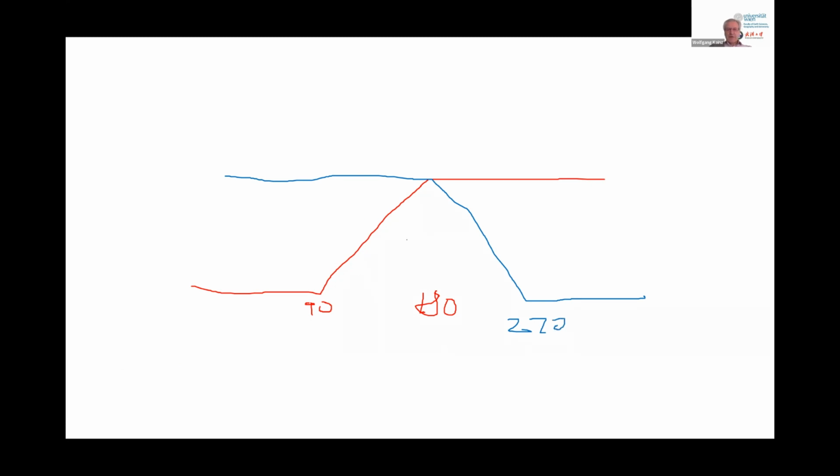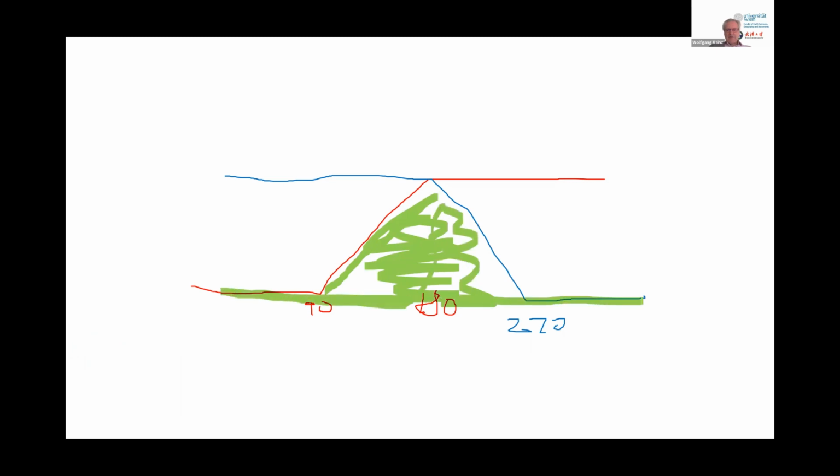And now you can see to achieve this triangular function, we intersect both of them, and by intersecting both of them, we get basically this area under here. And this is exactly what we want to have.